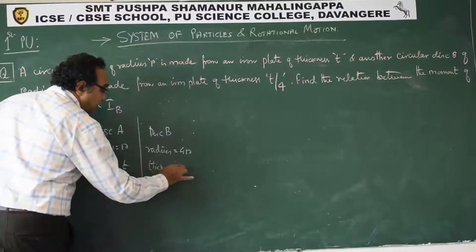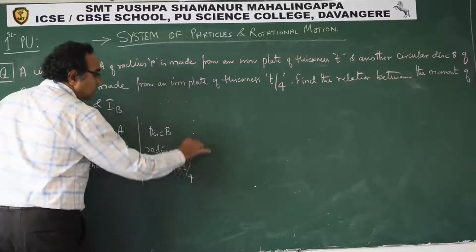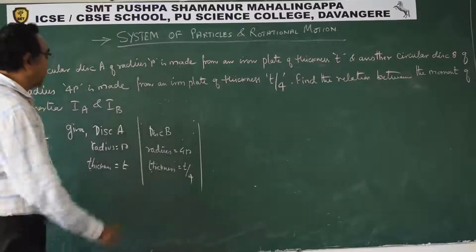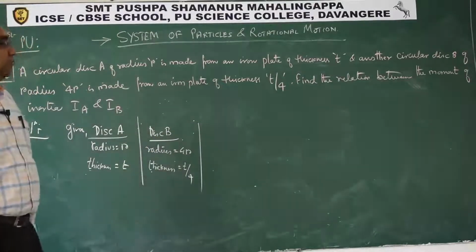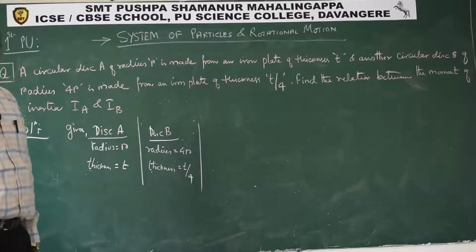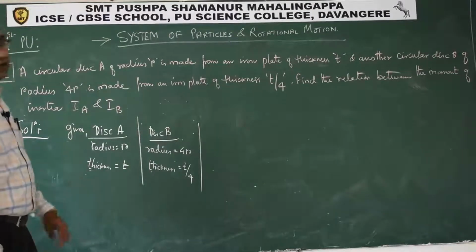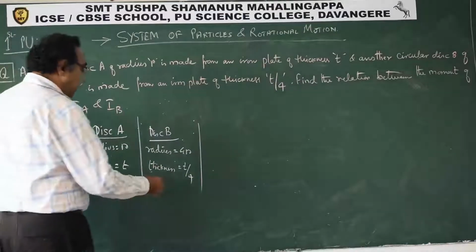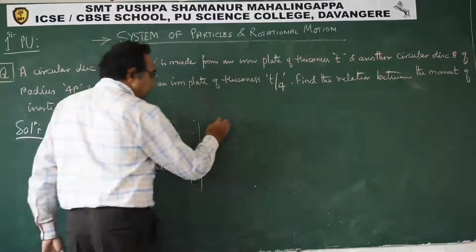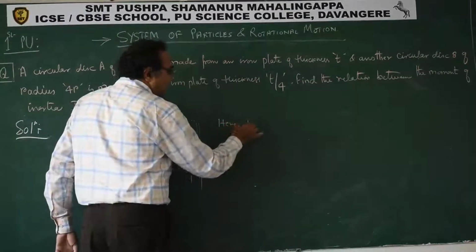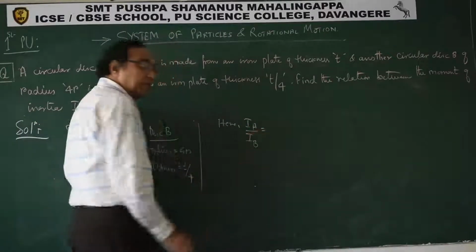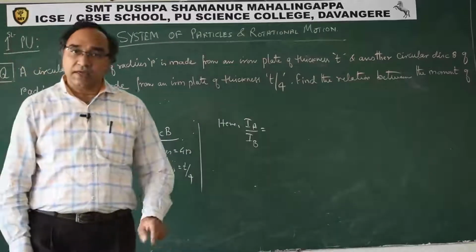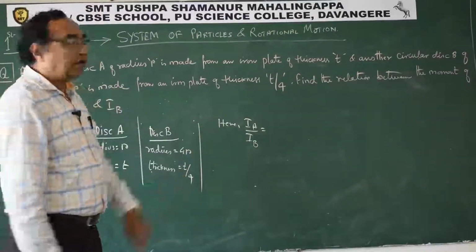So we have thickness as t by 4. This is what is given for disc A, for disc B. Find the relation between the moment of inertia IA and IB. It's a disc. So what we can say here, IA upon IB. Moment of inertia of the disc A is mr square by 2.